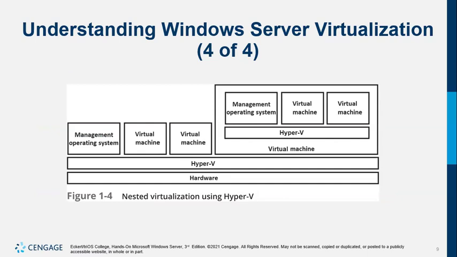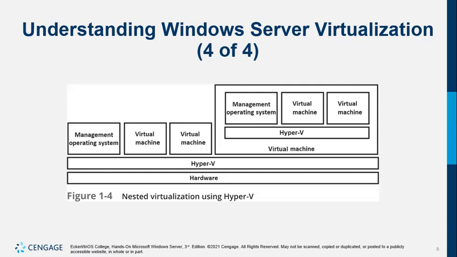Here's a look at what nested virtualization using Hyper-V might look like. You can see that you have the hardware. The hypervisor is directly communicating and using the hardware resources.